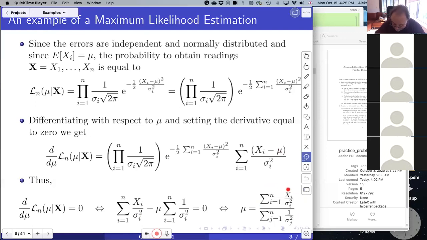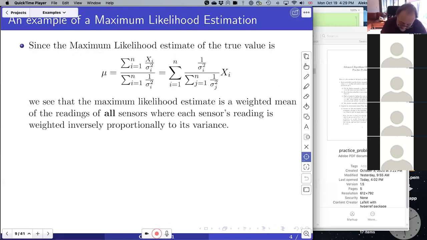Namely, you weigh the measurement of each sensor with the reciprocal of its variance. So let's see, yep, here: the reciprocal of its variance normalized with the sum of the reciprocals of all variances, times xi.